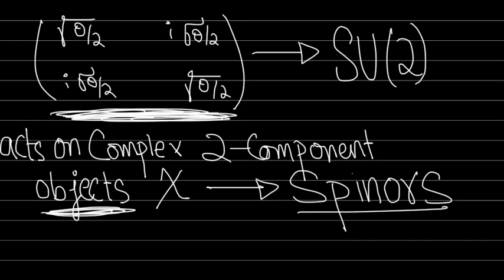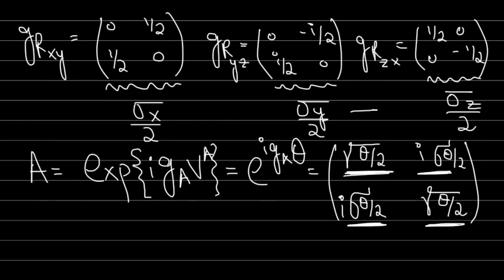Now, what we did over here is we derived the 2-dimensional matrix for SU2, but we used the algebra for SO3. When I said that we play around with the algebra to come to these 2 cross 2 matrices, we used the algebra of SO3 and arrived at these G's.